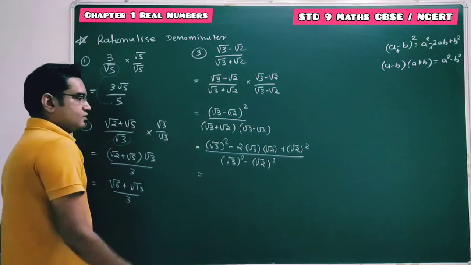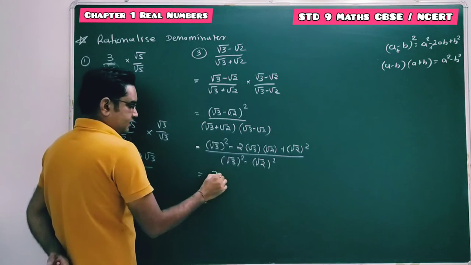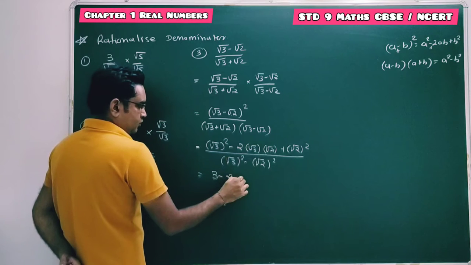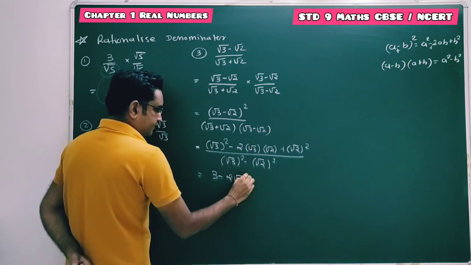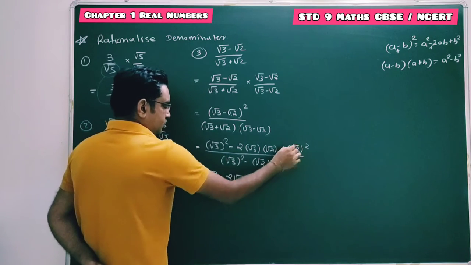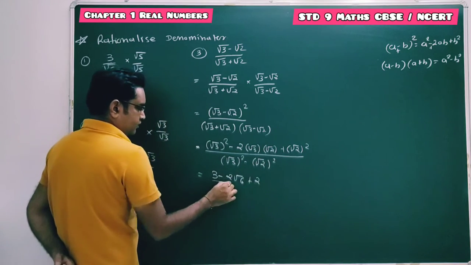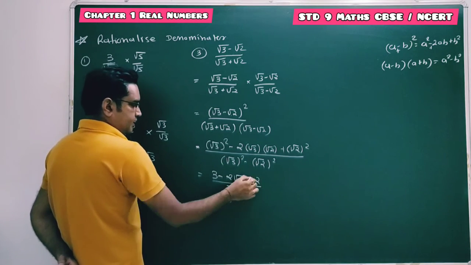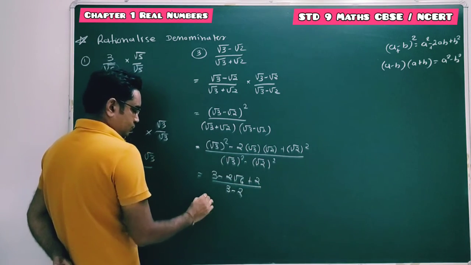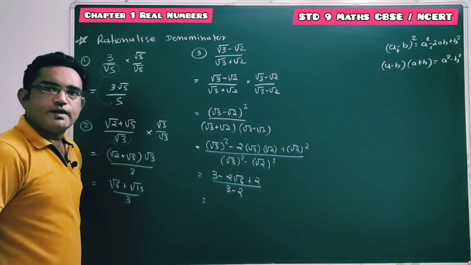Clear? So root 3 square is 3, minus 2 into root 3 into root 2, which is root 6, plus root 2 square is 2, divided by root 3 square 3, root 2 square 2, the square roots will cancel out.